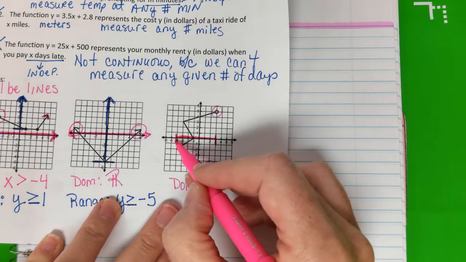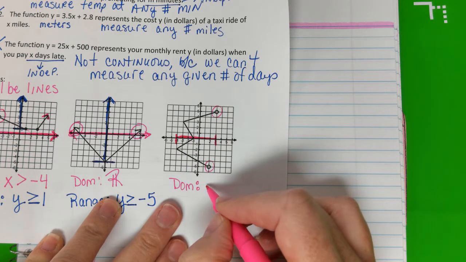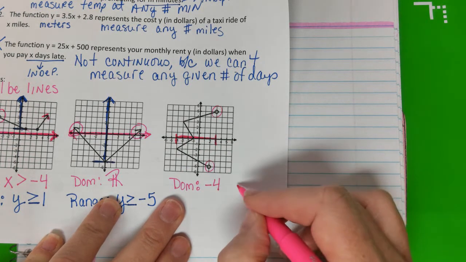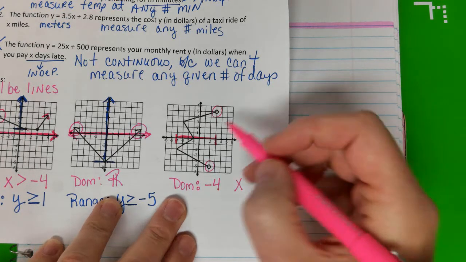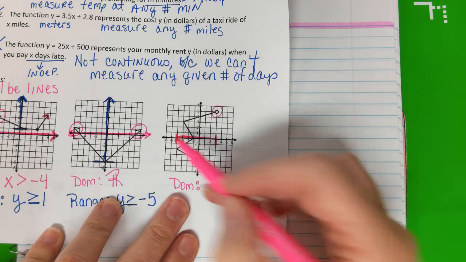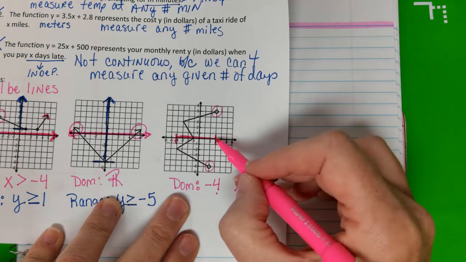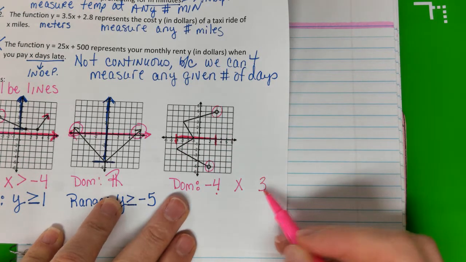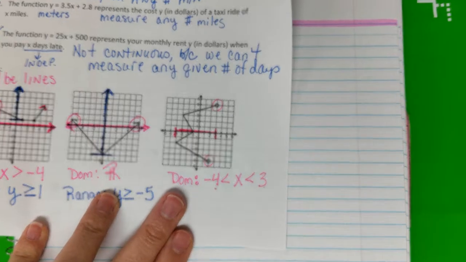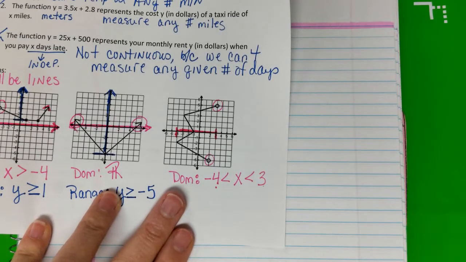All you have to do is write the lowest number, -4. We're describing domain, so x goes in the middle. The highest number is 3. Lowest number, -4. Highest number, 3. All you have to do is put in less than signs. It's always going to be that way when we write a compound inequality.